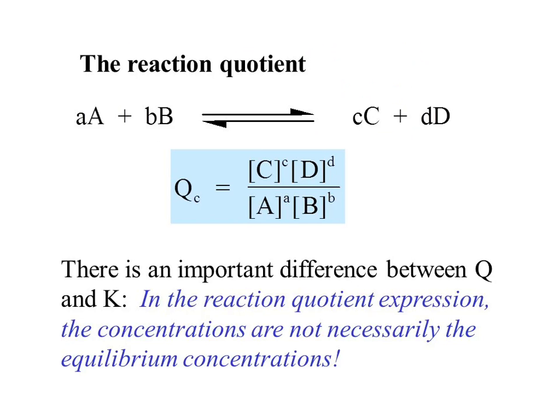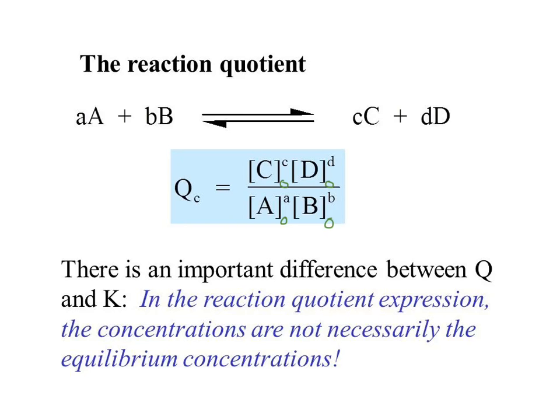The little subscript c must mean molar concentrations. The big thing is, instead of a little subscript E for equilibrium, I'm going to put a subscript 0, at some time, at any time.